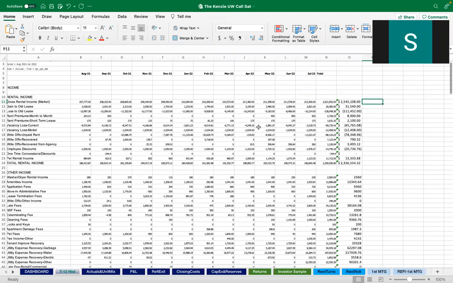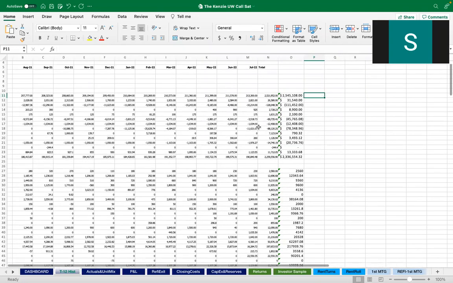One question: if there's a unit which is rented at a much lower rent compared to the market rent for that type of unit, will that be an economic vacancy, or is it not considered economic vacancy? For example, the market rent for a unit is 1,000, and we have some tenants paying about 750, 600 or so.